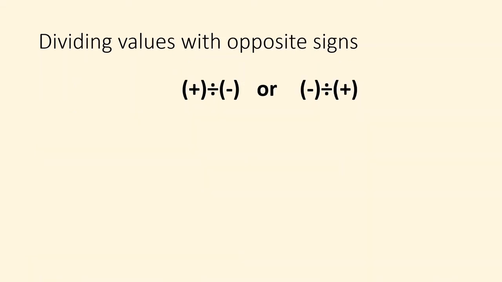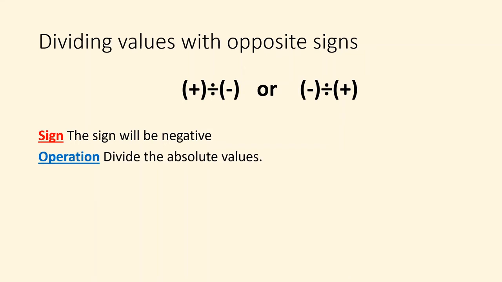But when the signs are opposite, the opposite is true. If we do a positive divided by a negative or a negative divided by a positive, we know that our answer will be negative. Still, we perform the division as usual, just focusing on the absolute values.